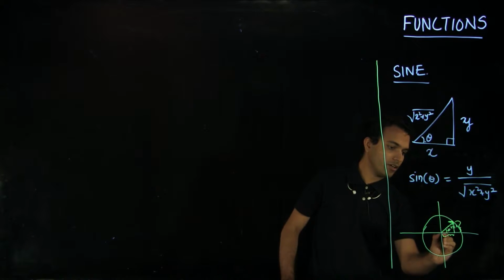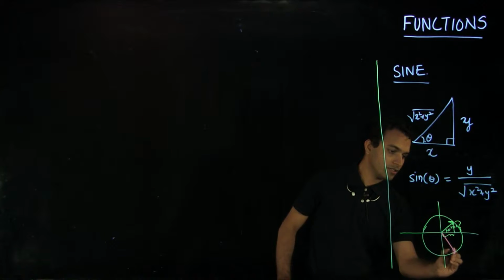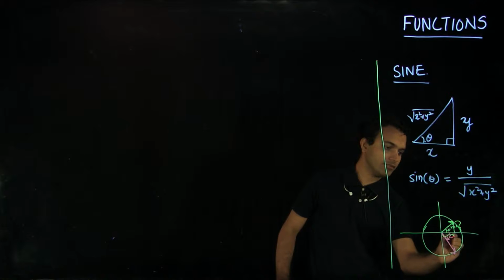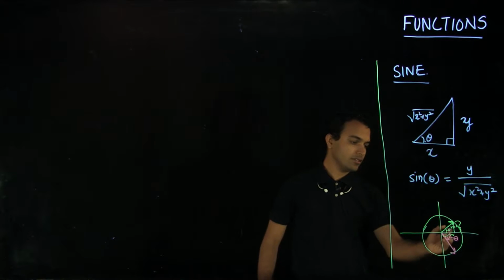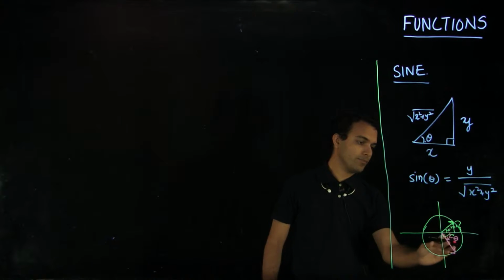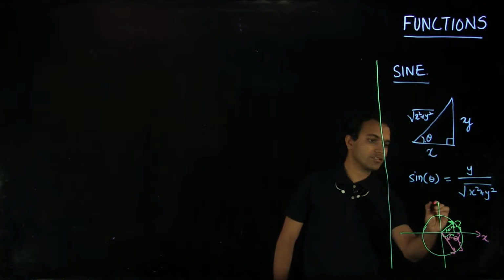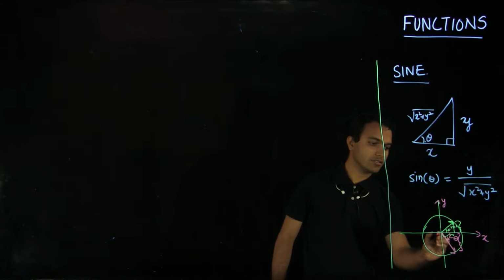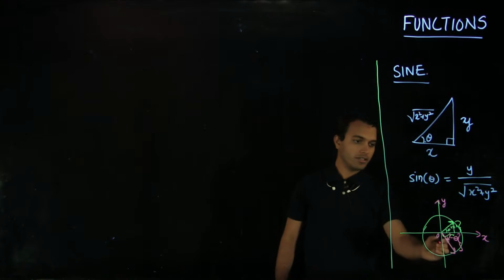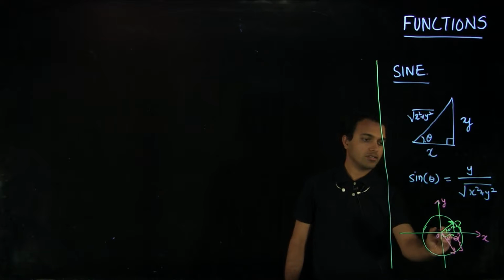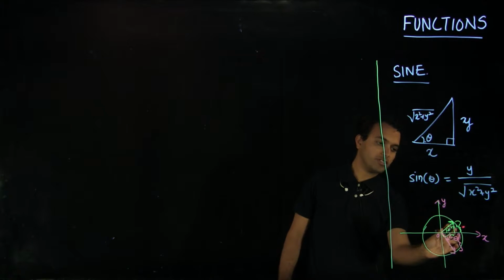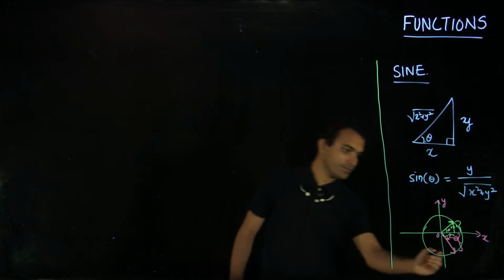So if I take a vector along this for which theta is negative, then sine of theta, which is along the y-axis, is also negative, because this is the positive x-axis, this is the positive y-axis, this is 0, and the projection along the x-axis is still positive, and that is given as cosine.